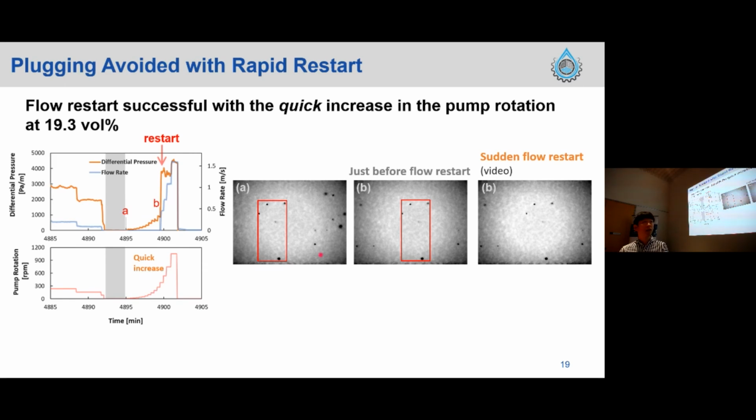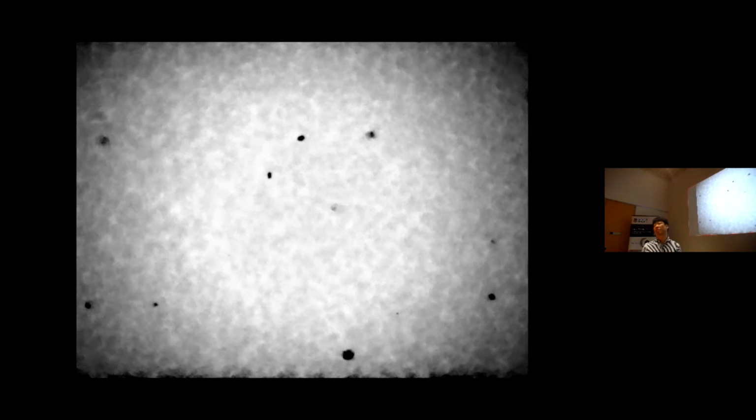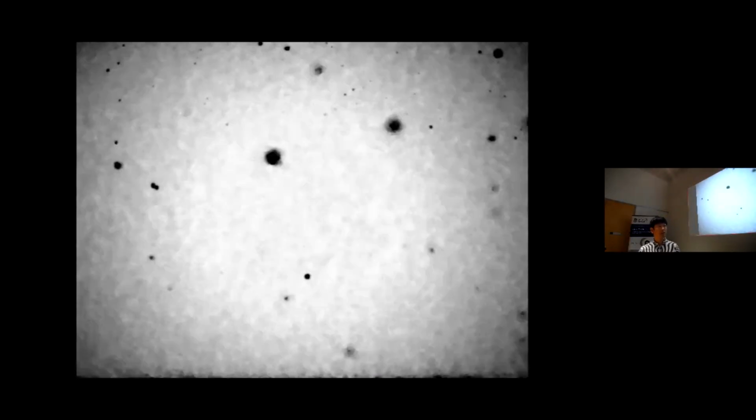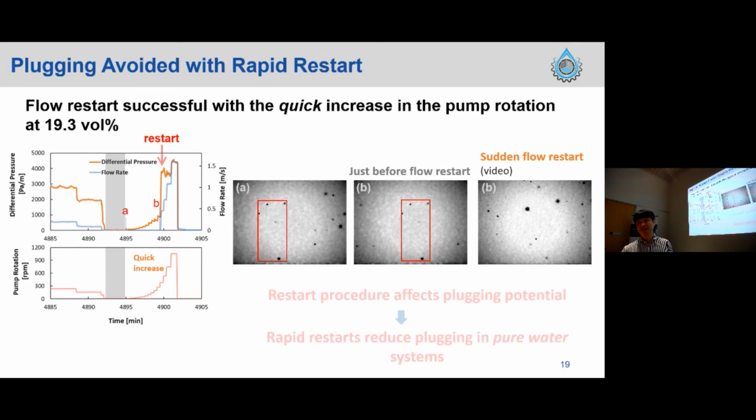I'll show the video at the point of restart. The state was gel at this point, but it changed immediately from gel to zero. These different results with different pump operations suggest that the restart procedure affects the plugging potential, and rapid restart operation may reduce the plugging risk during restart operations in pure water systems.